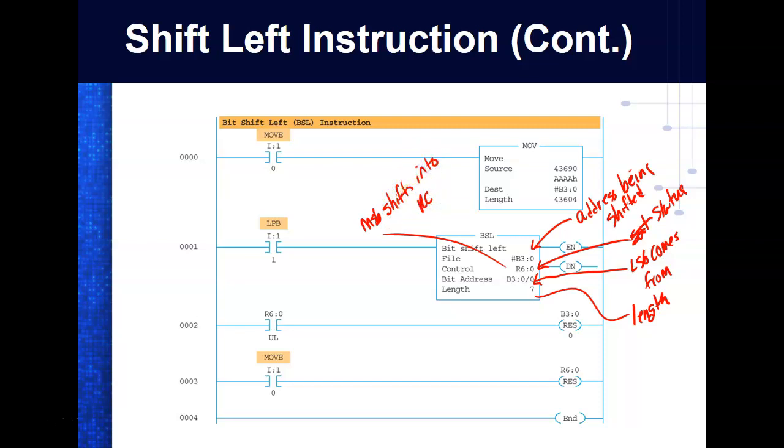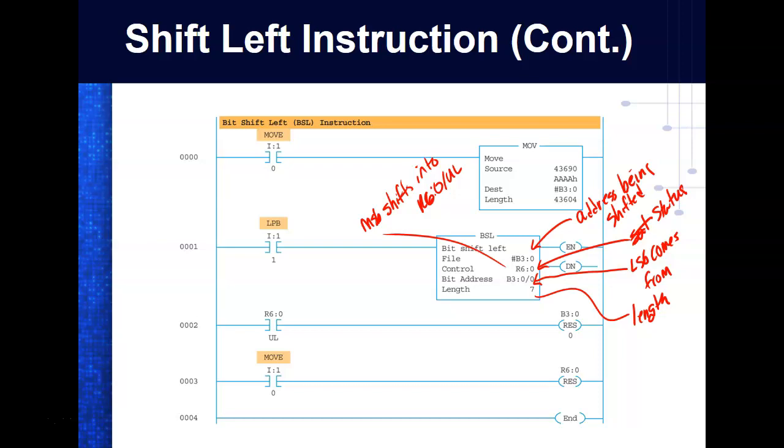It'd be R6, right? R6:0/UL. So we don't have to know the bit number because they've given it a name.